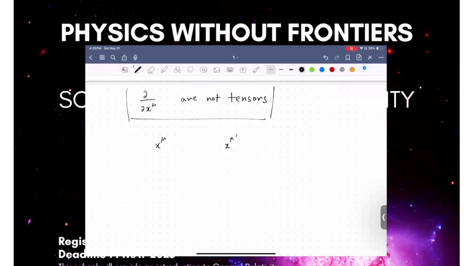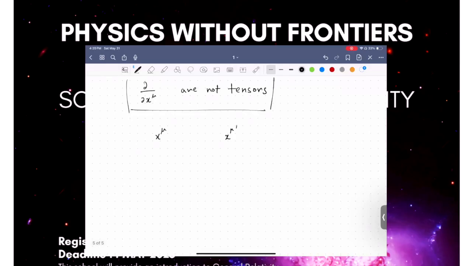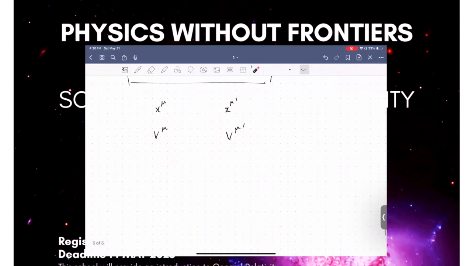Okay, and I have some vector field V mu prime here, and some vector field V mu. I mean, the same vector field, but written in a different coordinate system. And we know how to relate these components, right? Using the transformation rule for vectors.